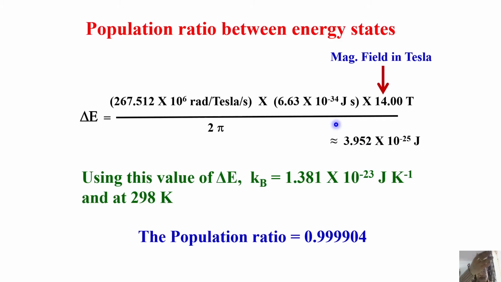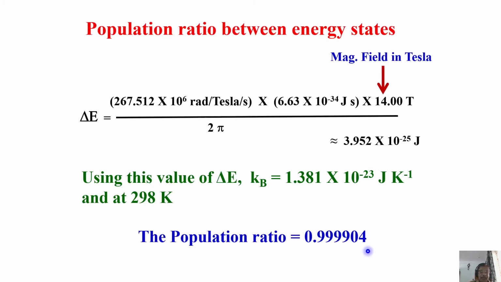Put it into the Boltzmann population ratio equation: N alpha by N beta is equal to e to the power of delta E by kT. Now I know k_B and I know the temperature. If I put these into that equation, the population ratio turns out to be 0.999904.